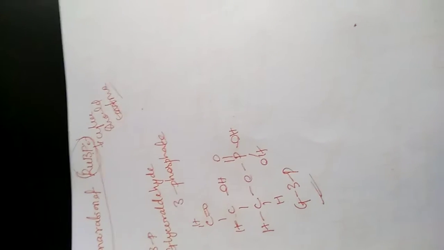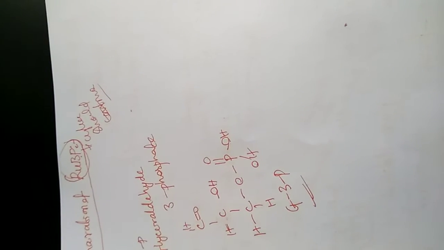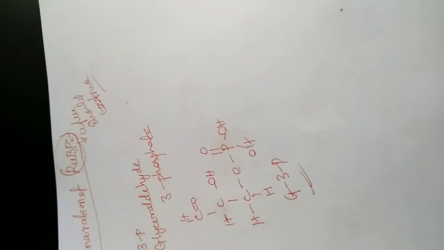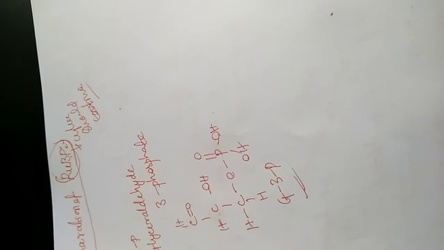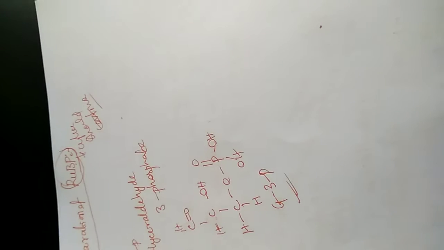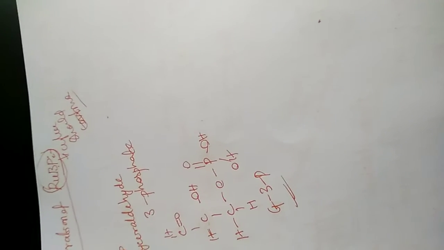We reacted it with CO2 in the presence of an enzyme, and this enzyme formed an enediol intermediate, which was broken down to get 3-phosphoglyceric acid.